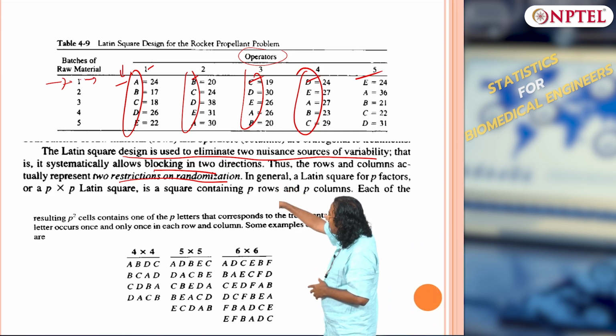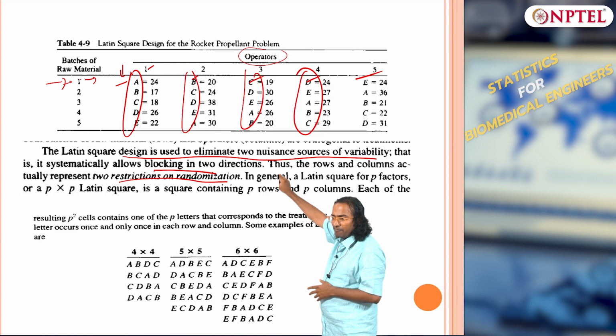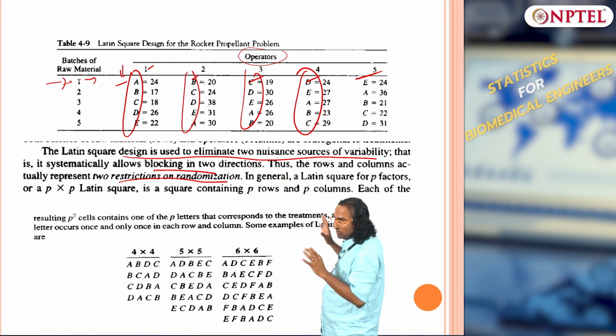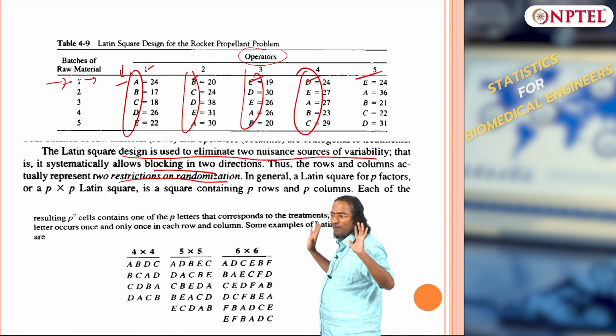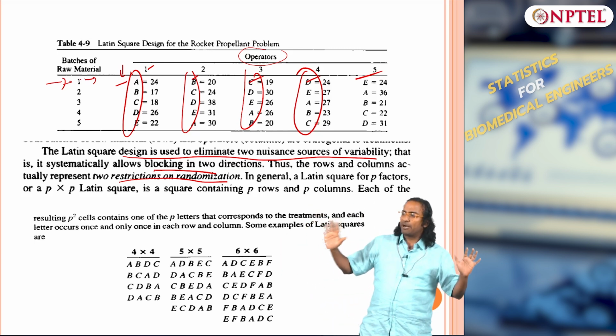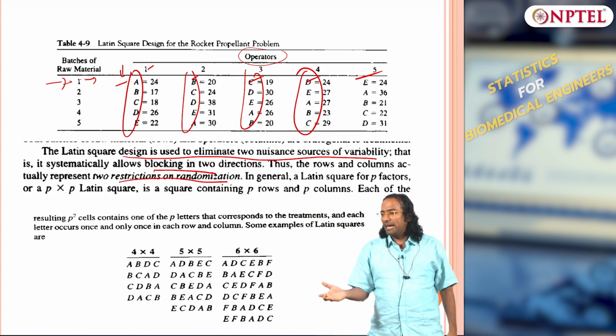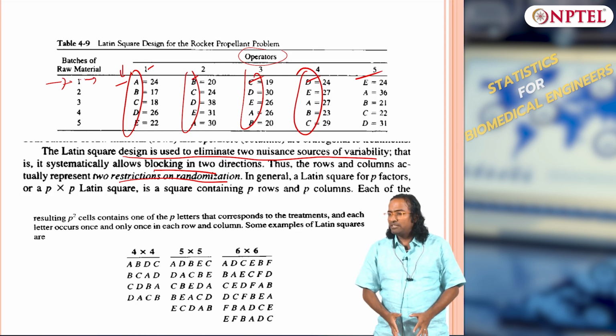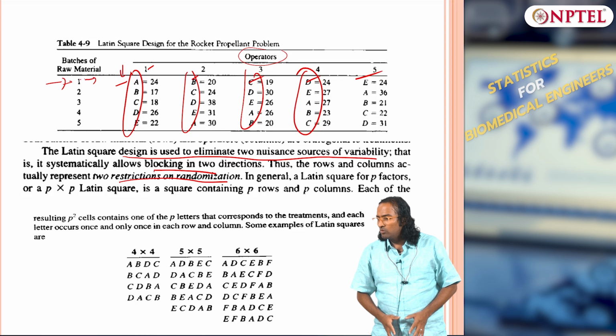See, each column here represents different operators working with the material. I am not saying age groups, but operators, okay. As I told you about tailors: if you want to see whether this machine is doing well or not, what should you do?